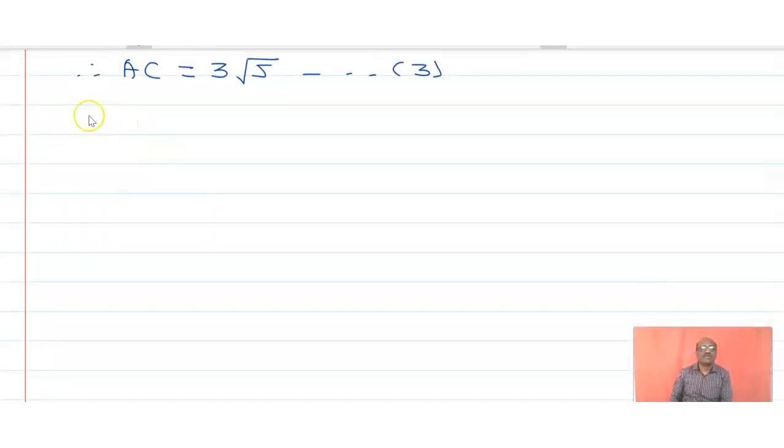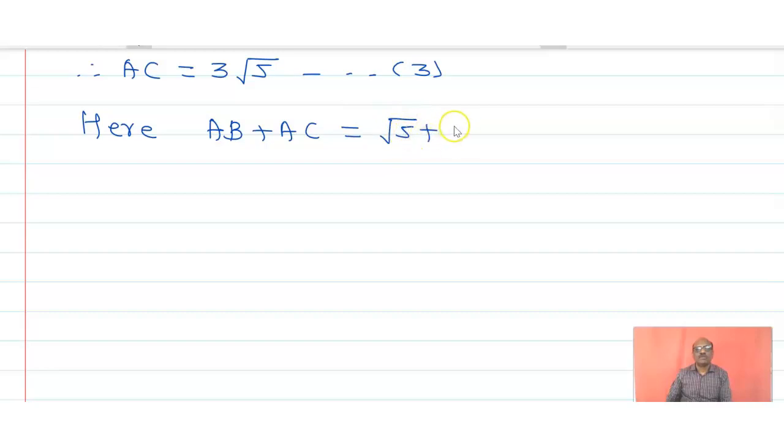Therefore AB plus AC means root of 5 plus 3 root of 5, that is 4 root of 5, and that is nothing but BC.